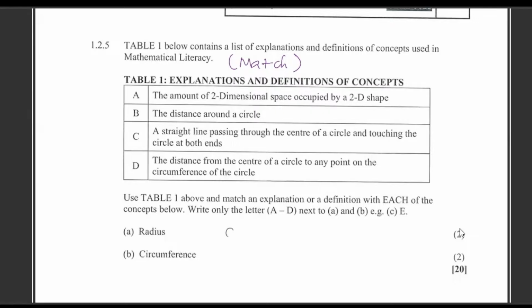So our A, we are looking for radius. B, we are looking for circumference. Now, the distance around the circle, that's the circumference. Then, okay, the amount of two-dimensional space occupied, this is supposed to be area. Distance, we said this is circumference.